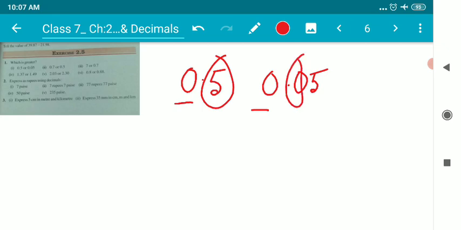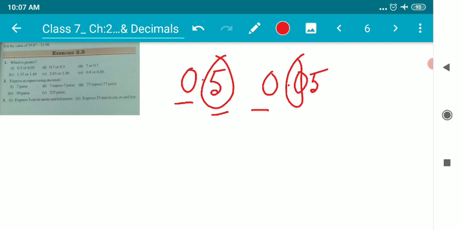Children, we need to keep one thing in mind. While we are making a comparison between two decimal numbers, once we get the bigger value, we will just stop there. So here is 5, so I need to just stop over here.